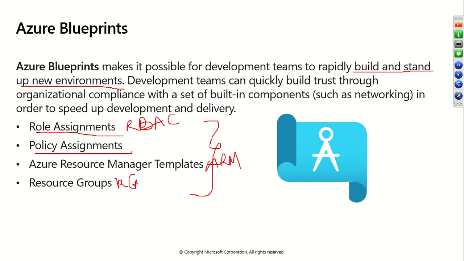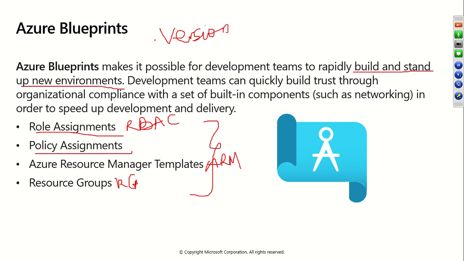Another advantage of Azure Blueprints over ARM, because Azure Blueprints is similar to ARM: the only difference is that with Azure Blueprints, you can easily attach RBAC policy. Apart from that, you can keep different versions of your blueprints.